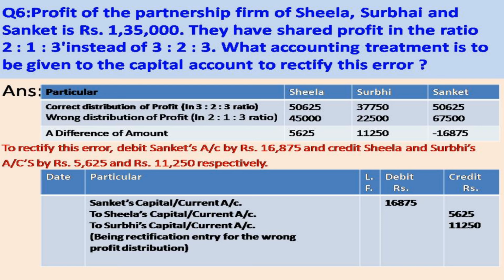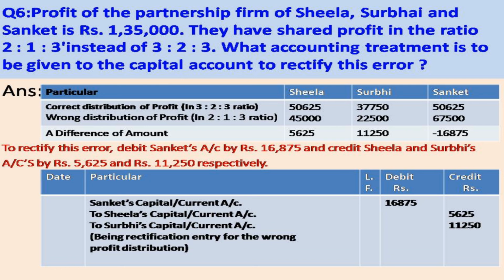Wrong distribution of profit in ratio 2:1:3 means 2 plus 1 plus 3 is equal to 6. So 2 by 6, 1 by 6 and 3 by 6. When we distribute 1,35,000 in this ratio, then we get 45,000, 22,500 and 67,500 respectively.